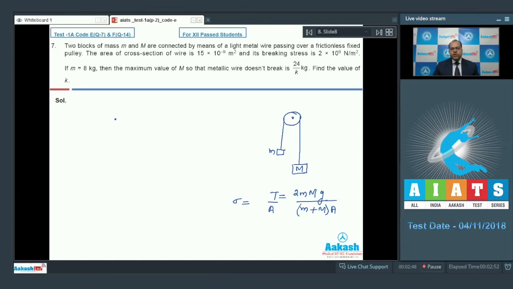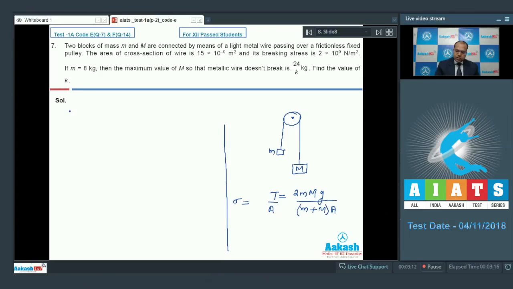If I divide this equation by capital M, then in the denominator it comes small m by capital M plus 1. So when capital M is maximum, the denominator will be minimum, and in that case sigma will be maximum. So we can directly find the value of capital M from this equation.